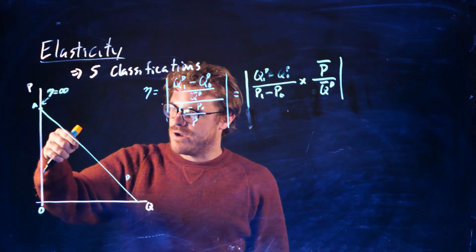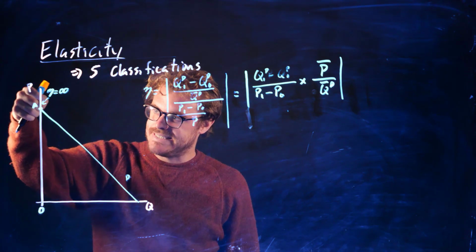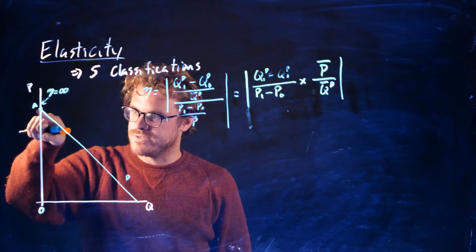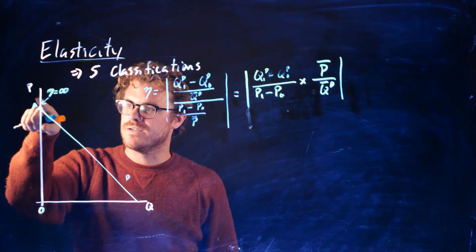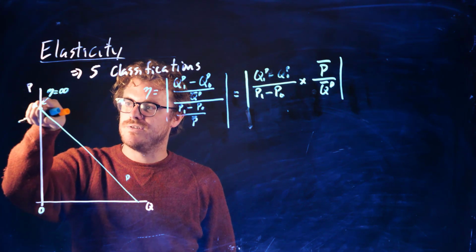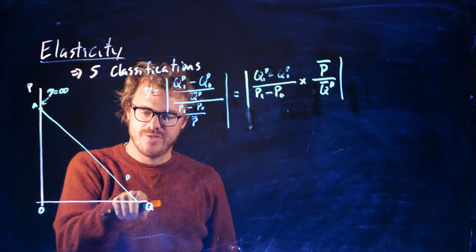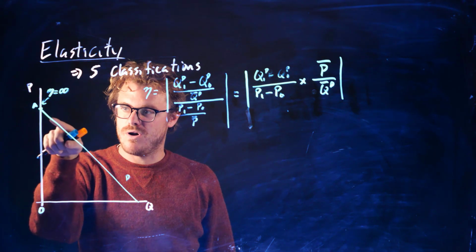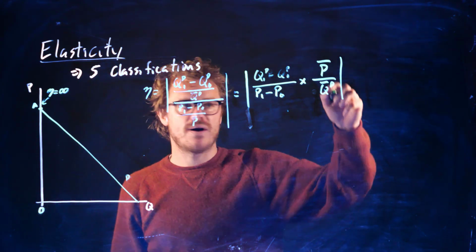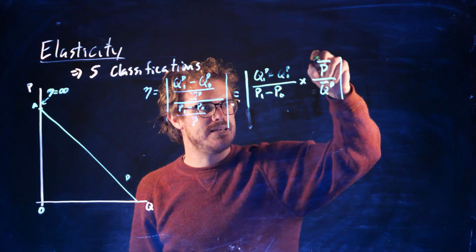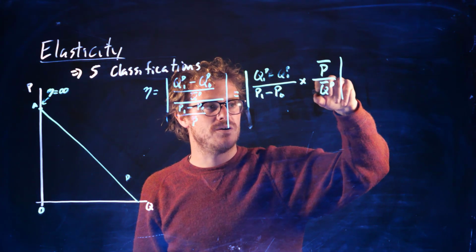And then let's think about what happens as we move down. We're not dividing by 0 as soon as we're off this intercept here, but the price level is relatively large and the quantity is relatively small along this first part of the curve away from A. So average price is big and average quantity is small.